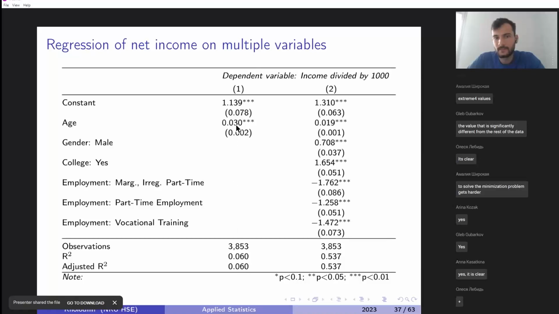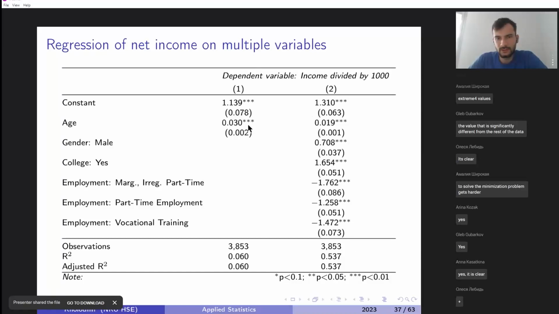So the first model, under number 1, describes what's going on. Then we have just one regressor, age. So that's how income depends on age. You have some constant, and then adding one year of age, you will increase your income by how much? 0.03 multiplied by 1000, 30 euro, I guess. And then the second column is the multi-regressor model.